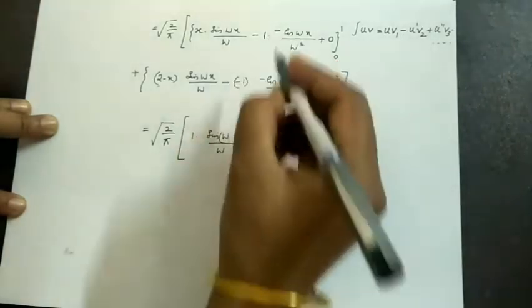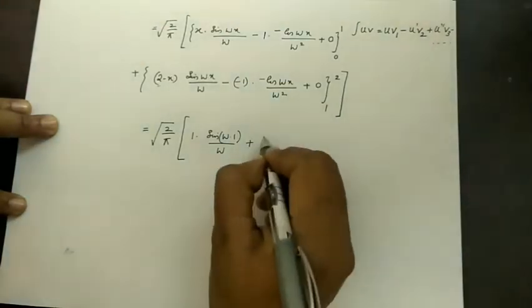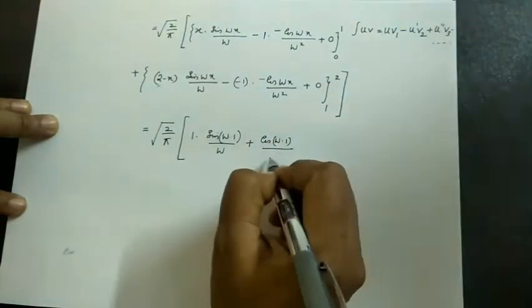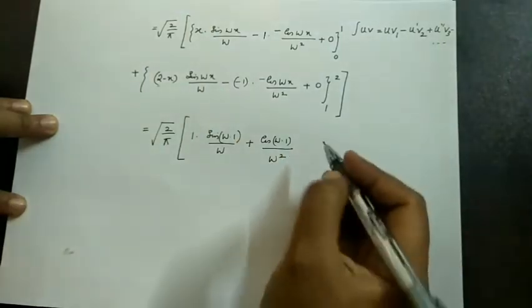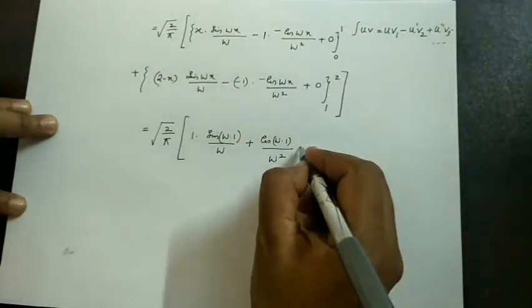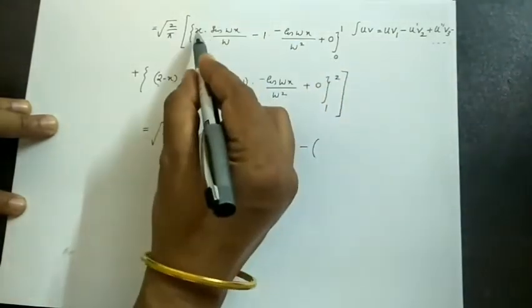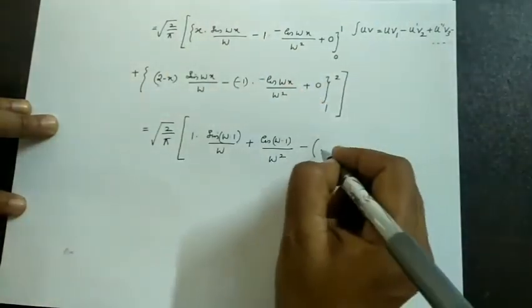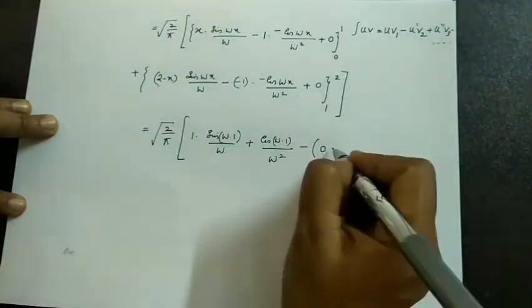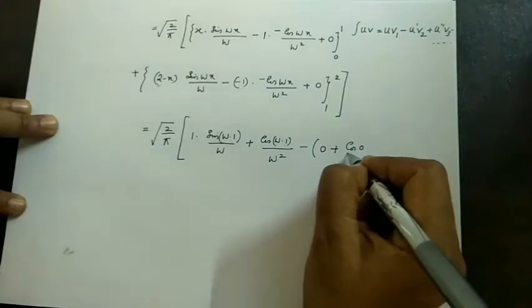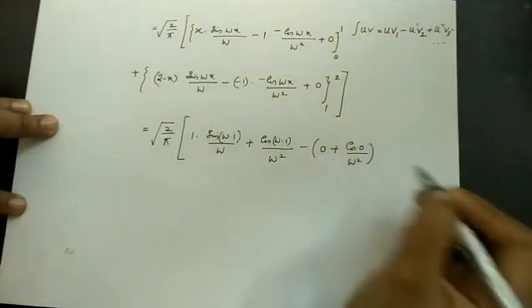Okay. Then plus minus minus plus cos omega into 1 by omega square. Then lower limit, that is minus 0 to x, that is 0 itself. Then plus cos omega into 0, that is cos 0 by omega square.